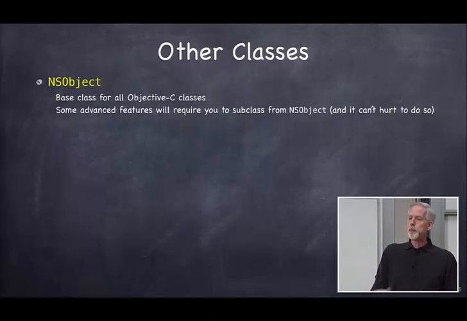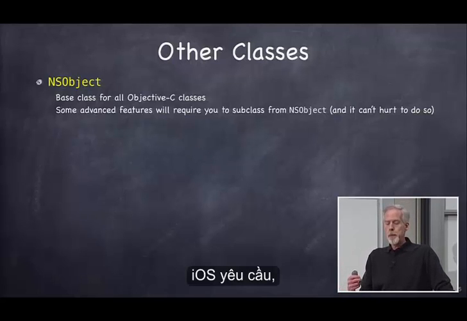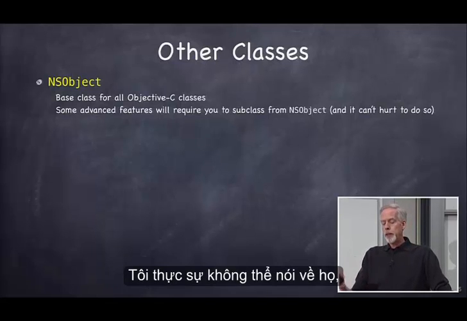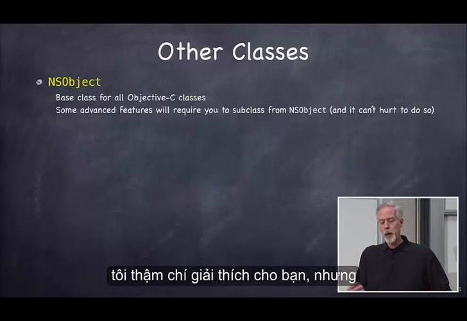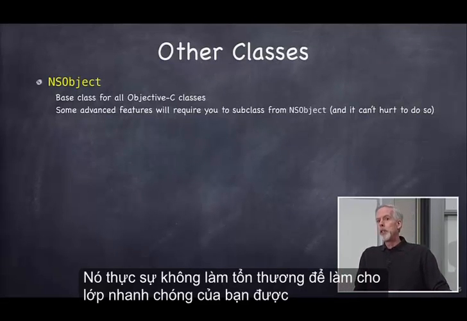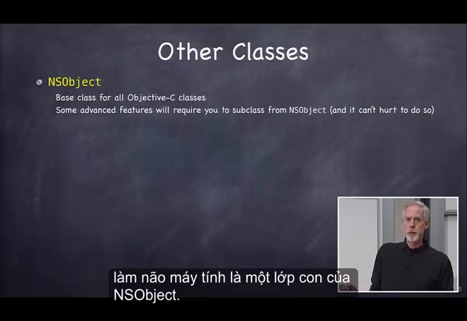However, there are some advanced features in iOS that require even your Swift class to inherit from NSObject. I can't really talk about them because there are other things you need to know for me to even explain them to you, but down the road that will happen. It really doesn't hurt to make your Swift class a subclass of NSObject, so we could have made CalculatorBrain a subclass of NSObject.